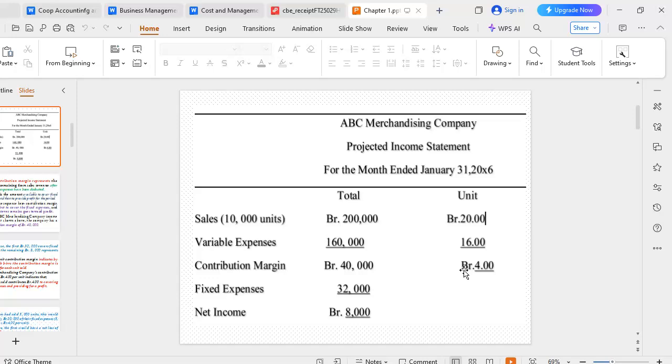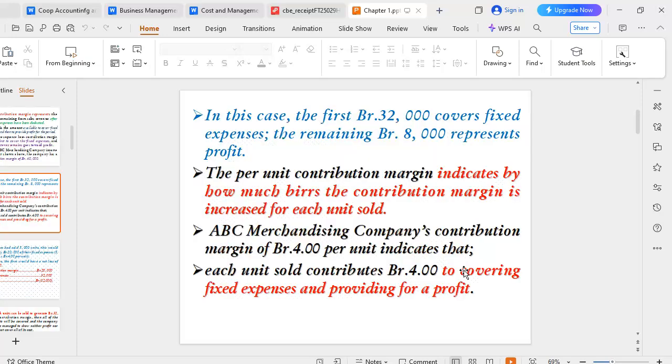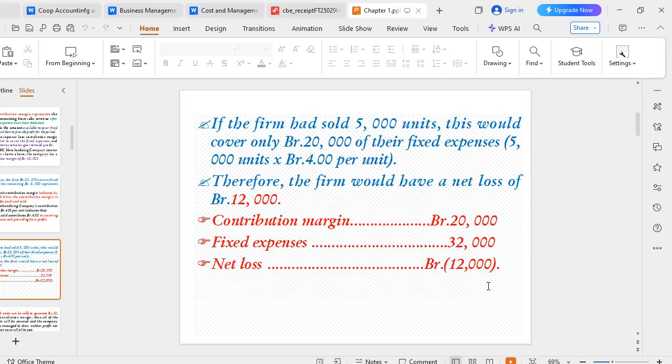We have a contribution margin of 4 in each product. The ABC Merchandising Company contribution margin of 4 per unit indicates that each unit sold contributes 4 birr to cover fixed expense and provide for the profits.